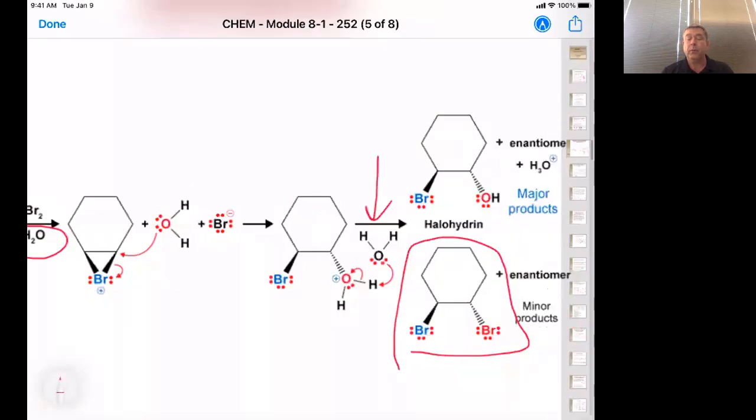And therefore, your bromo alcohol is your major product, okay? And because we form that bromonium cation, you only get anti products, okay? Questions? Okay. So it's almost the same mechanism, except you have water act as a nucleophile instead of the bromide ion.